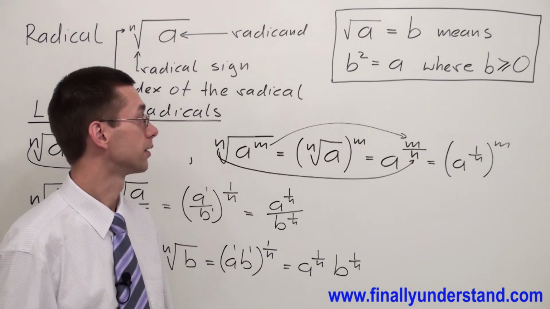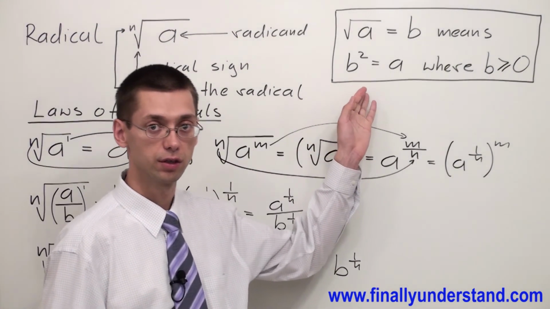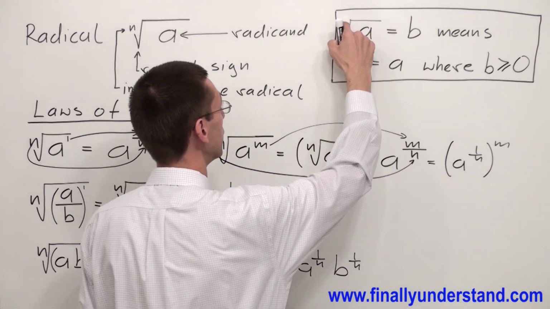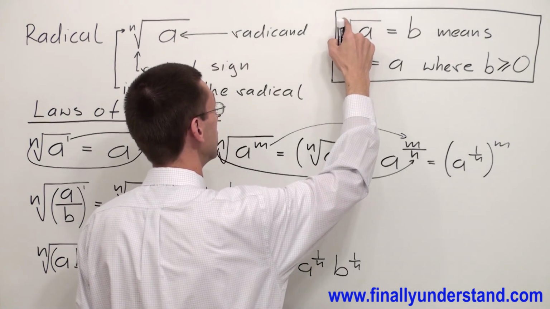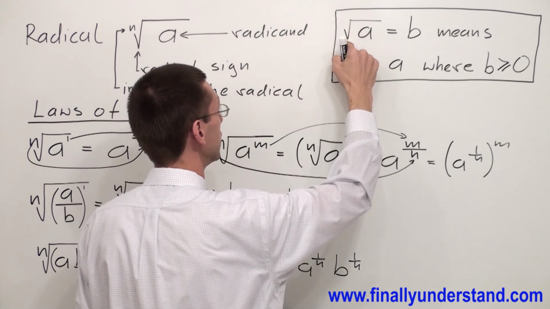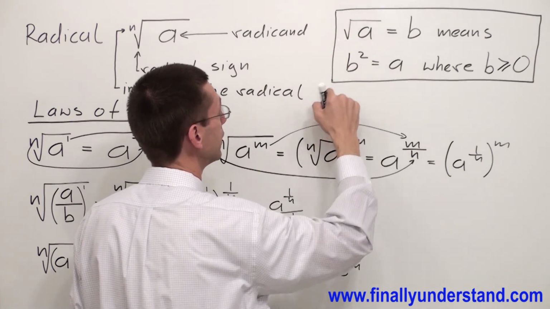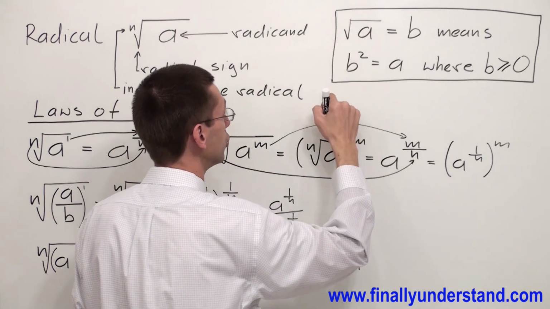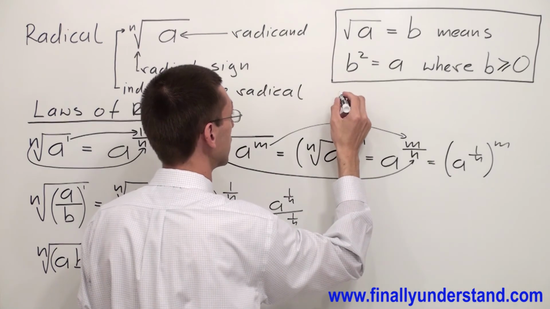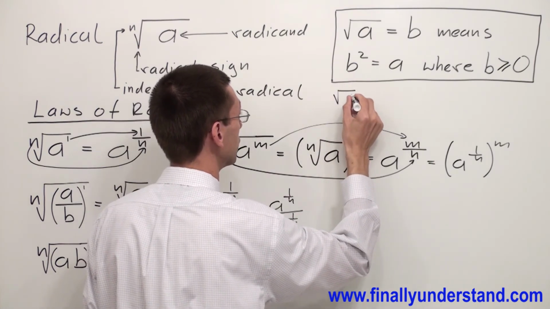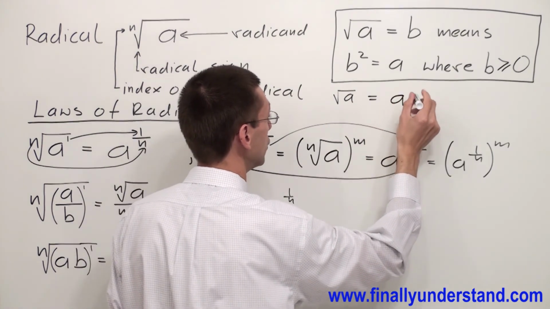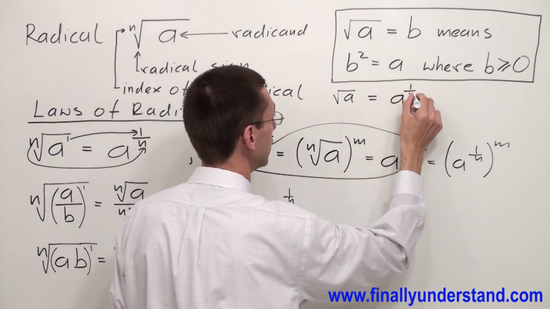Now let's take a look at the definition of the square root. Remember, I said that anytime we do not have any number, right? Anytime we have no index written next to the radical sign, okay, there is always an invisible 2. So we can rewrite this radical, square root of a is equal to a to 1/2.